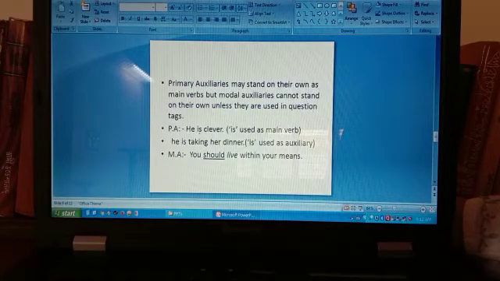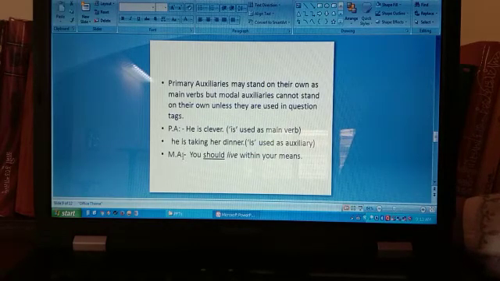Is is used as a main verb here. Whereas see the next sentence, he is taking her dinner. Here in this sentence, is is the auxiliary verb, primary auxiliary, and taking is the main verb. So is can be used as main verb and also as an auxiliary verb.